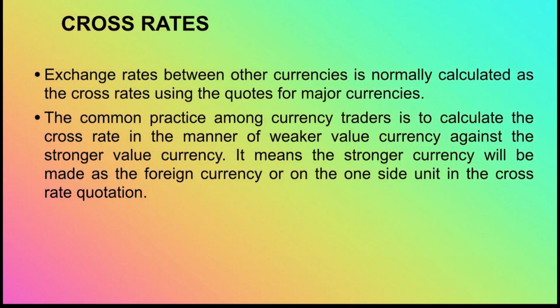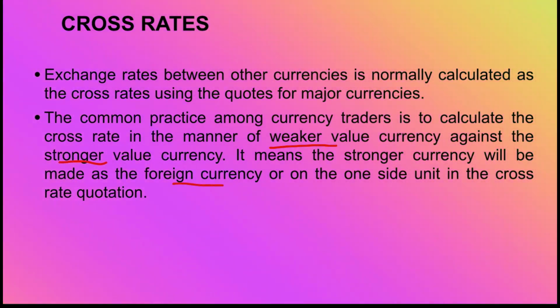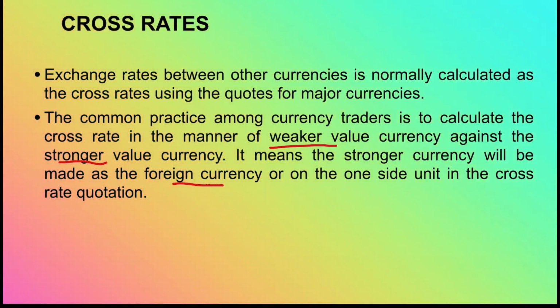The common practice among currency traders is to calculate the cross rate in the manner of the weaker value currency against the stronger value currency. It means that the stronger value currency will be made the foreign currency, or the one unit side, in the cross rate quotation.